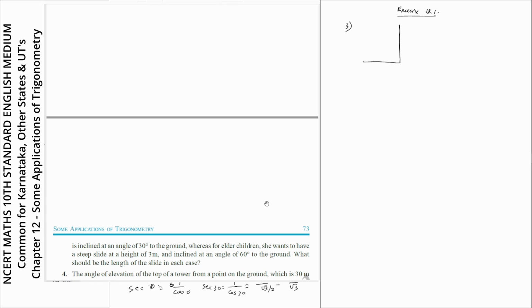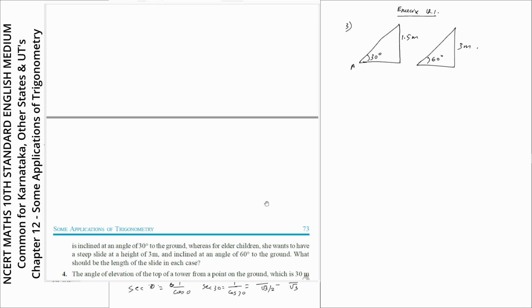So the figure is like this. For small kids, the height of the slide is 1.5 meters. For elder children, the height of the slide is 3 meter, and for small kids the angle of inclination is 30 degree this way, and for elder children the inclination is 60 degree like this.